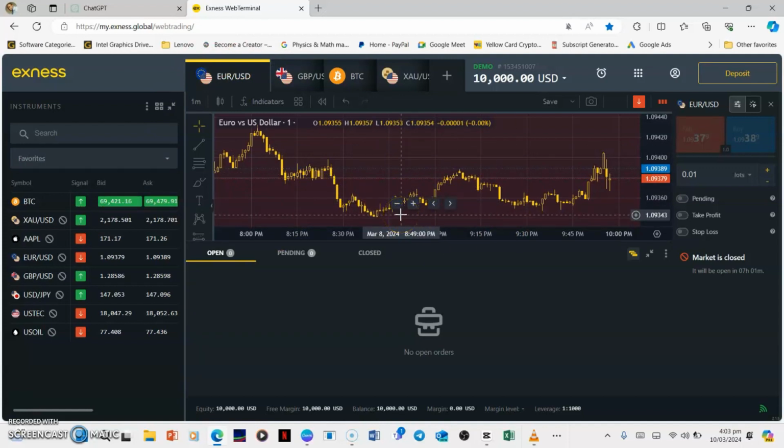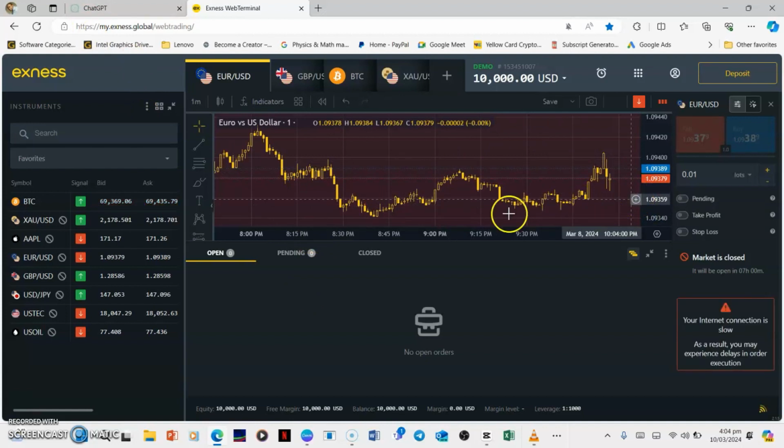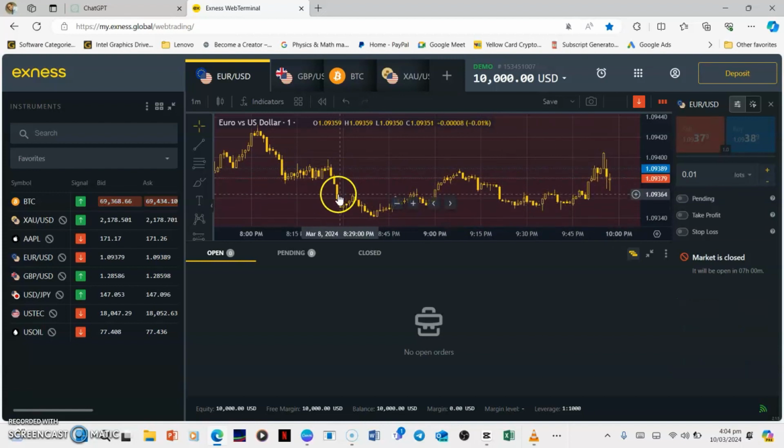This may be too complex if you haven't had a proper orientation, if you have never been educated about Forex. So what we're seeing may be a Bollinger, and the ups and lows you're seeing here are the candlesticks.